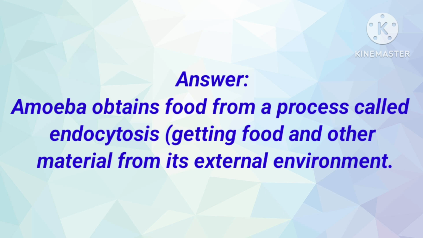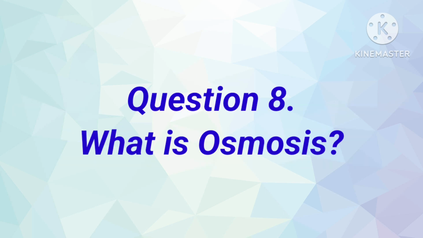Amoeba obtains food by a process called endocytosis, which means getting food and other material from its external environment. The amoeba will move towards the food particle, then change its body shape, forming pseudopodia, and the pseudopodia engulf the food vacuole. Then the amoeba digests the food.